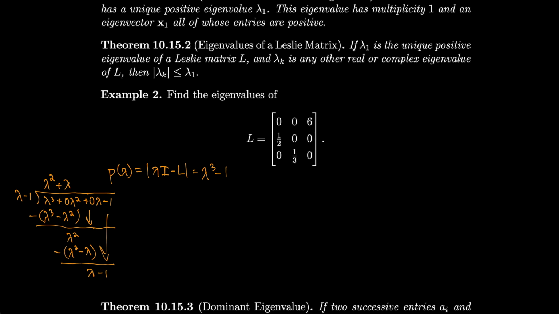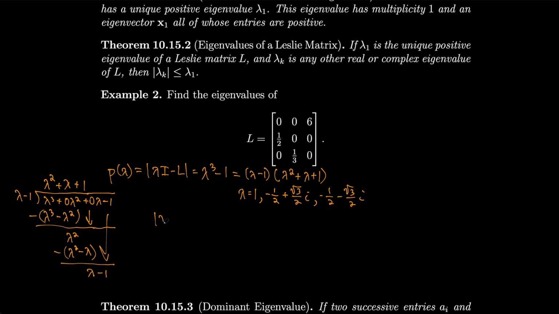Divide by the lambda, get the plus 1, but then lambda times 1 gives me the lambda, bringing down the minus 1, it tells me I have no remainder, so I just have lambda minus 1 times lambda squared plus lambda plus 1. So I know that lambda equals 1 is an eigenvalue, but doing the quadratic formula also gives me minus half plus root 3 over 2 i, and minus half minus root 3 over 2 i.